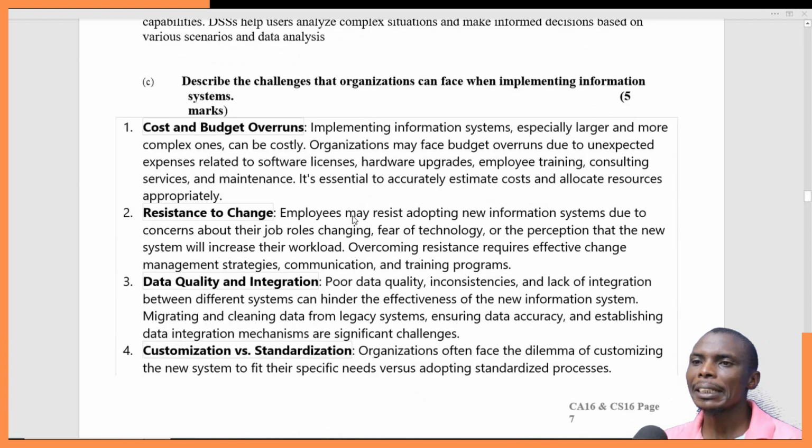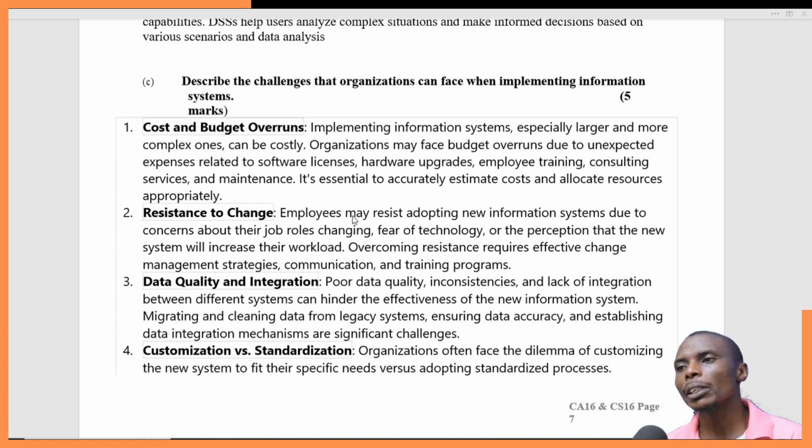And then part C says, describe the challenges that organizations can face when implementing information systems. When you are implementing an information system within an organization, there could be challenges. For example, cost and budget overruns.